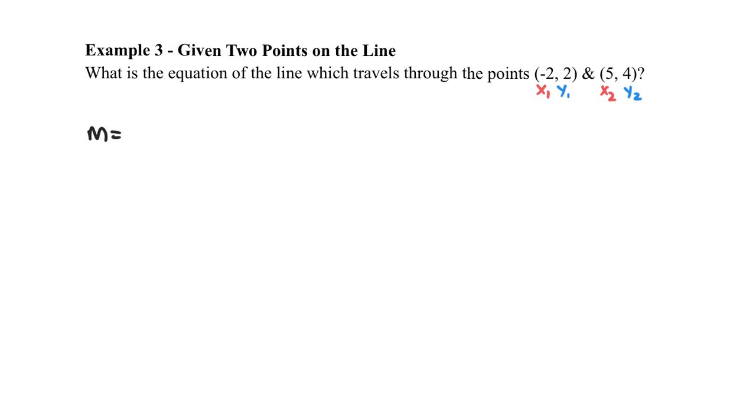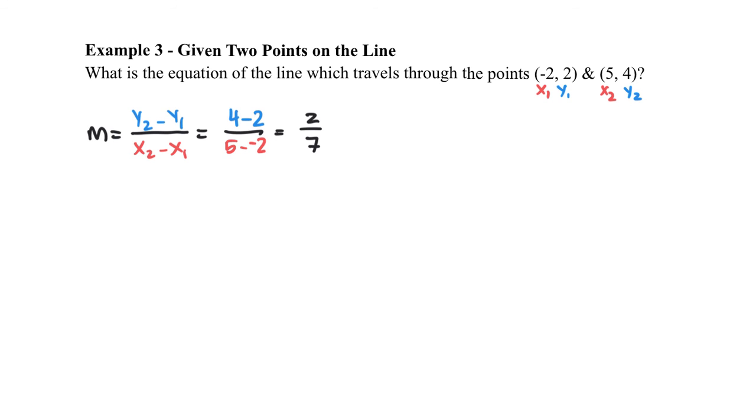Slope is found by doing y2 minus y1 over x2 minus x1, which in this case is going to be 4 minus 2 over 5 minus negative 2. And so my slope is going to be 2/7.